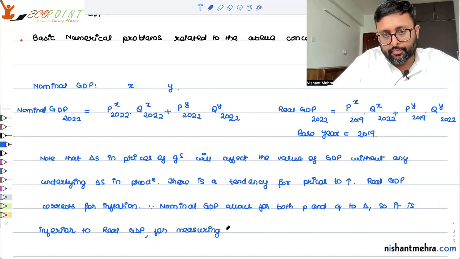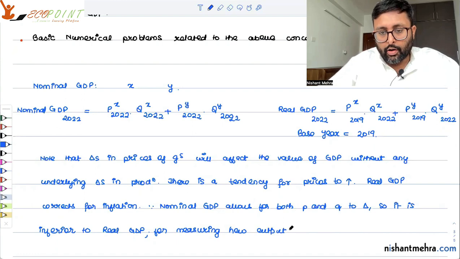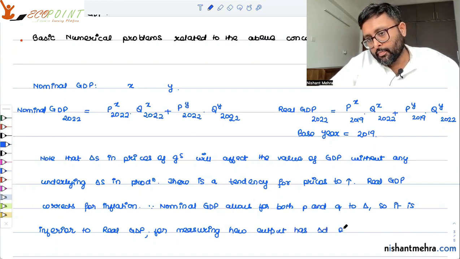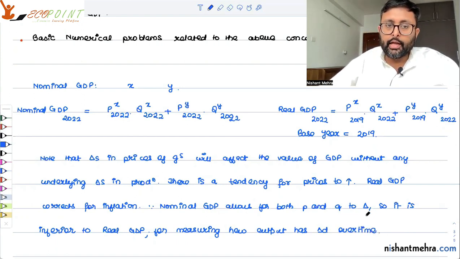For measuring how output has changed over time. And also in the base year, supposedly if I take 2019 as the base year, then the nominal GDP and real GDP in 2019 will remain the same.